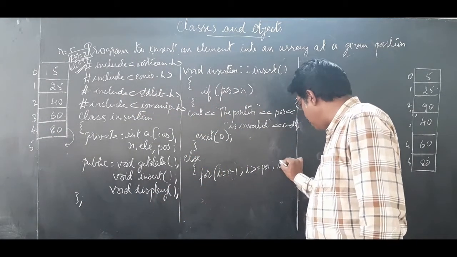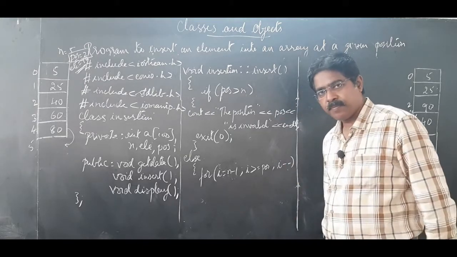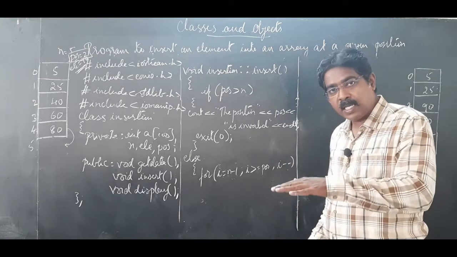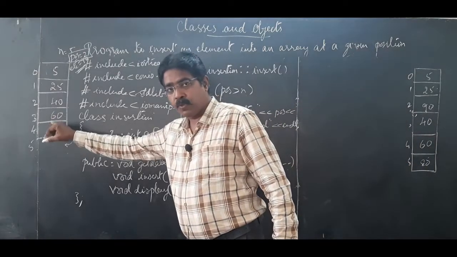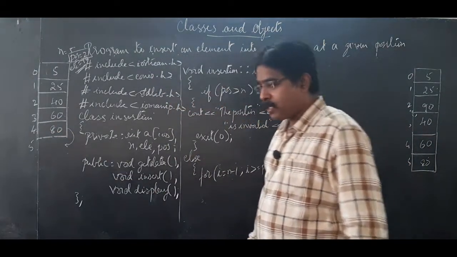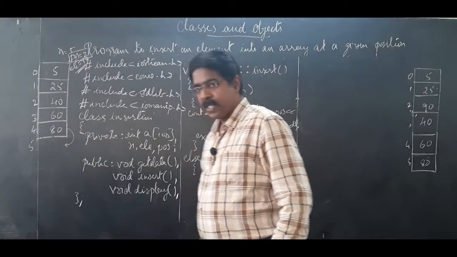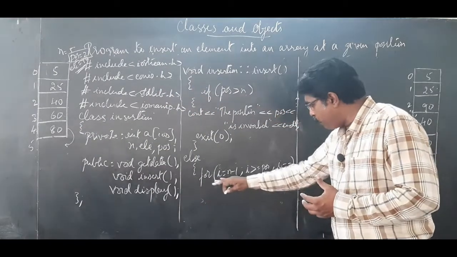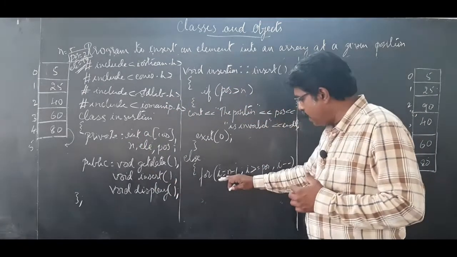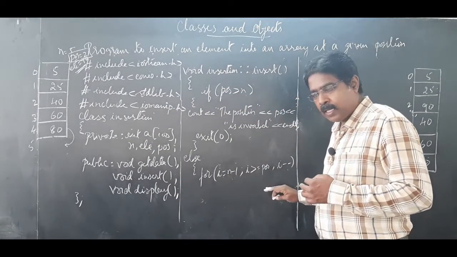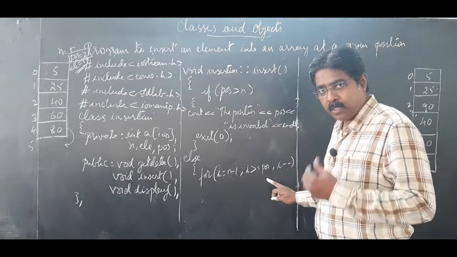Hence we write here I minus minus. I minus minus is decrement by 1. Then I move, only then I will be able to switch over to the previous index, then again move on. How to move now? This is a for loop used to shift the elements. Only the indexing part it is going to work until the position, given position.